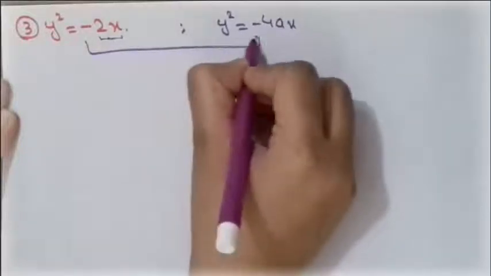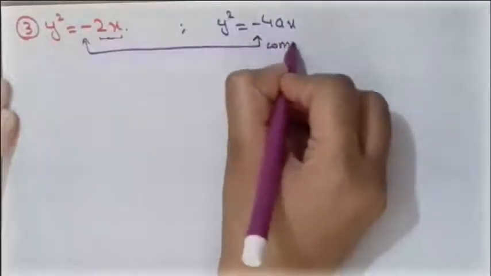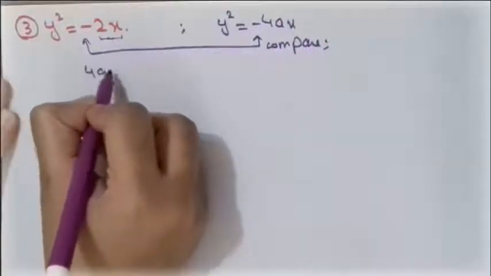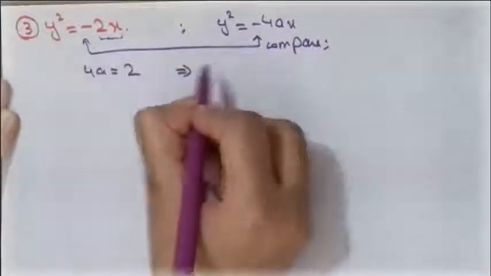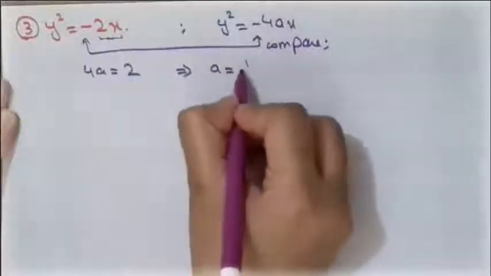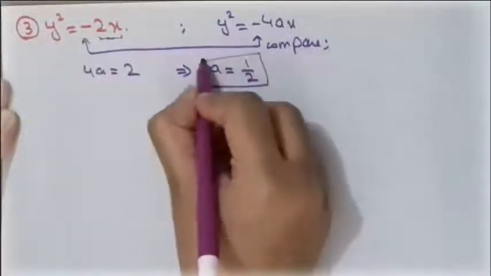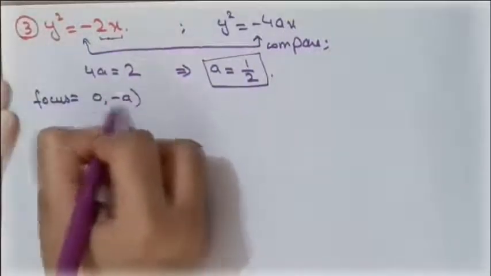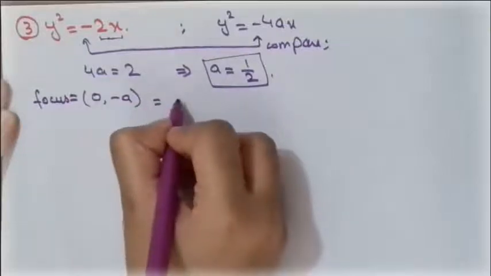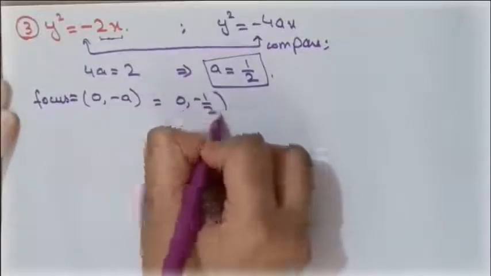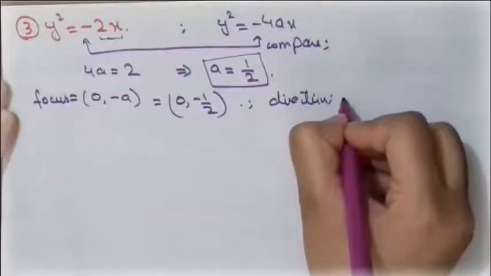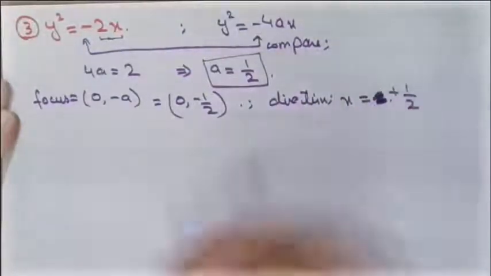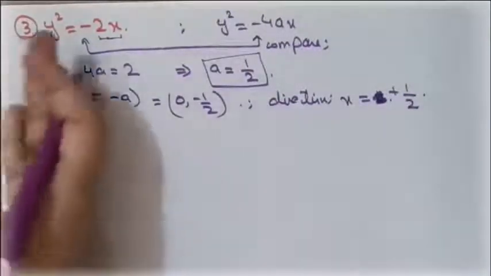If we compare these 2 equations, we get 4a equals 2, so the value of a is 1 divided by 2. The focus in that case is 0 minus a, which equals 0 minus 1 divided by 2. The directrix will be x equals positive 1 divided by 2, and the vertex is at the origin.